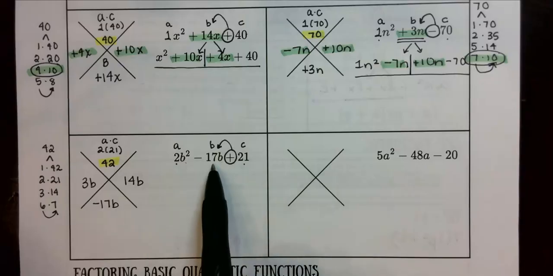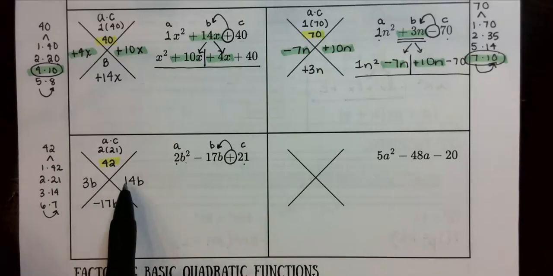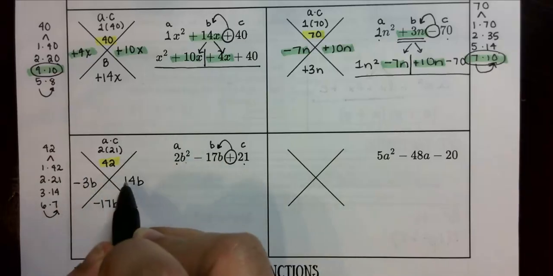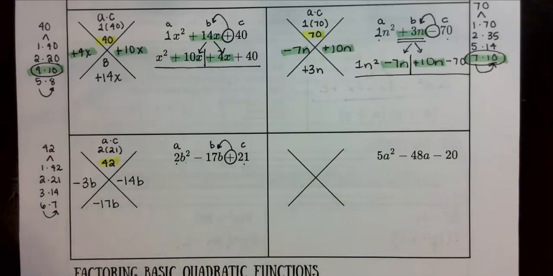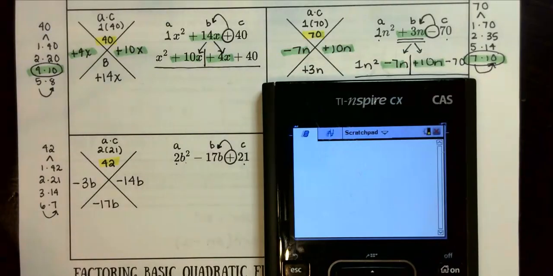Because the 17 is a negative 17, we're going to make both of these negatives, because that's the only way we're going to get a negative 17. If you're not sure, you can use your calculator to help you. If I type in negative 3 minus 14, it does give me 17, and the 17 is negative.